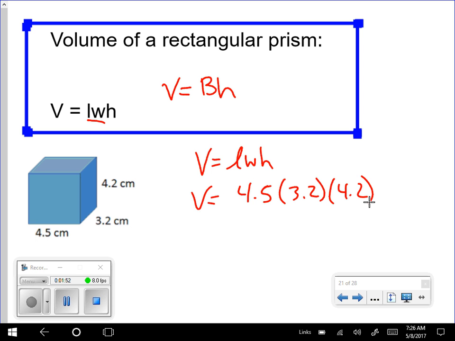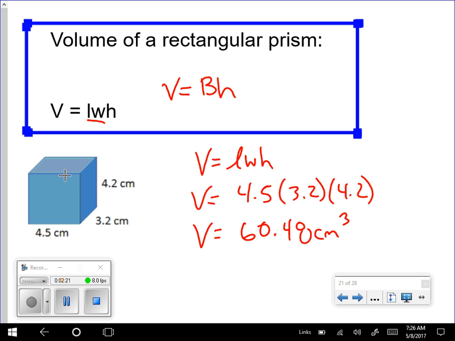So we're going to multiply all of those. If we absolutely need a calculator, that is fine for this unit. So we multiply 4.5 times 3.2 times 4.2, and we would get 60.48 centimeters cubed.